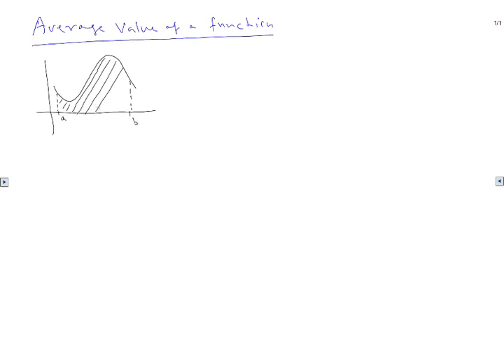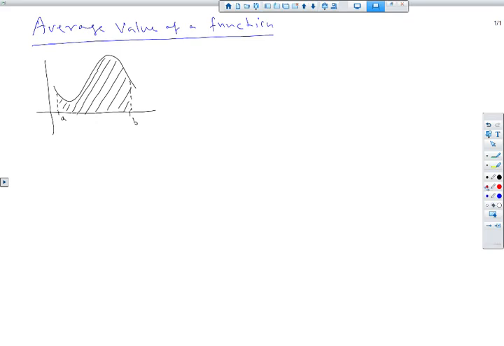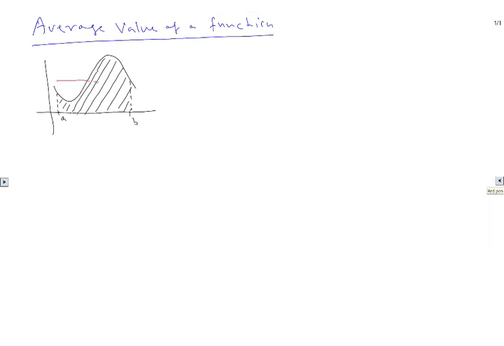So we try to find a rectangle which has the same width but some kind of height. For example, this rectangle and the area under the curve have pretty much the same area. Okay, so those two are equal.